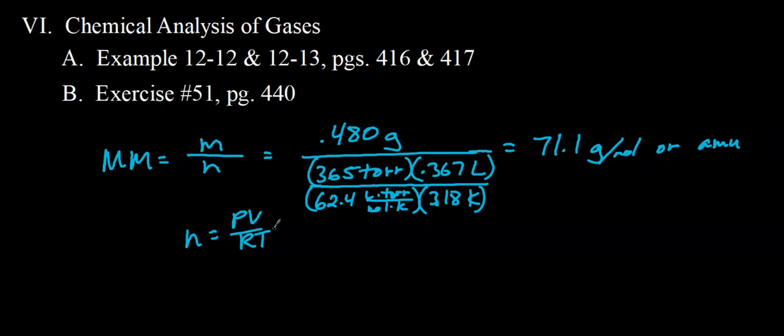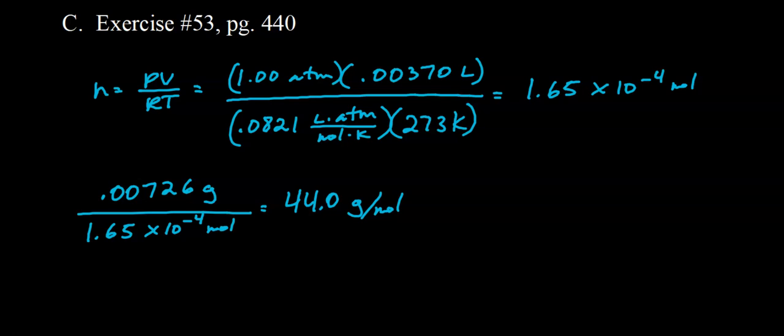Neither one of those are gases. Krypton, that's 83. Bromine's close, nope, that's 80. We want 70. So this is probably chlorine. Chlorine has a molar mass of about 70.9 grams per mole or 70.9 AMU for the molecular mass.